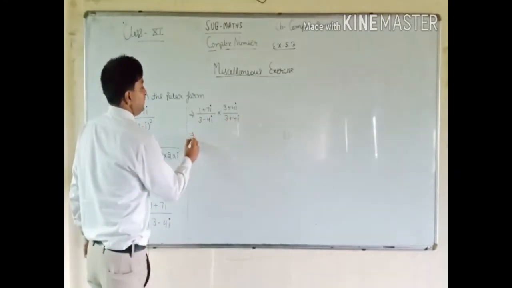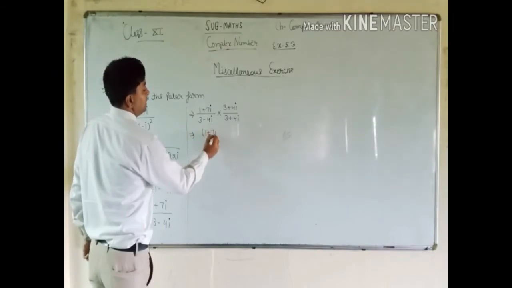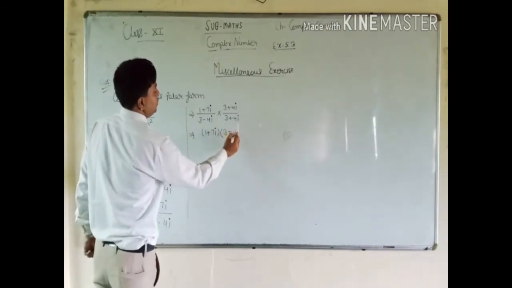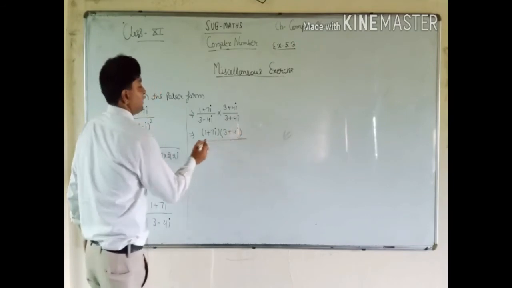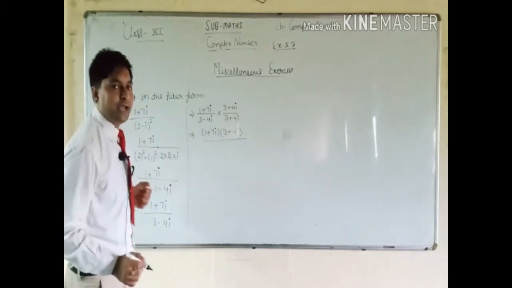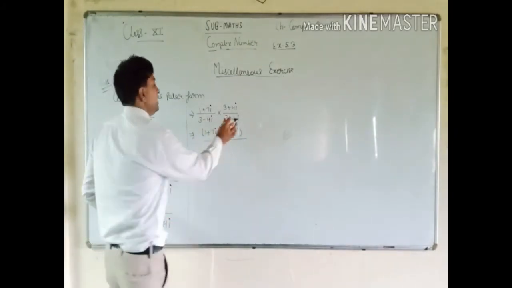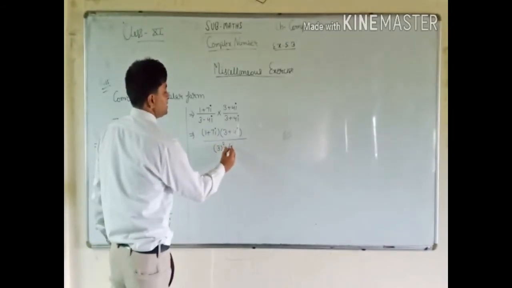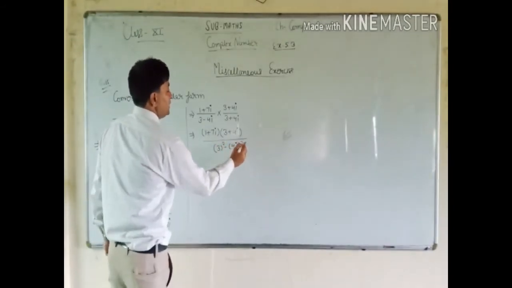So 1 + 7i is multiplied by 3 + 4i, and it is in the form of (a + b)(a − b), and you know that very well that (a + b)(a − b) is a² − b².